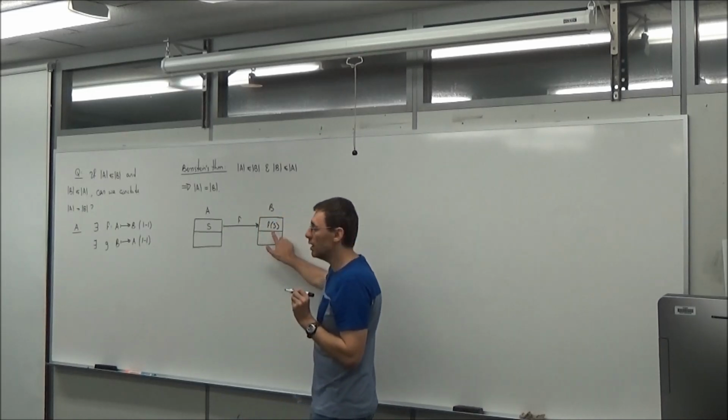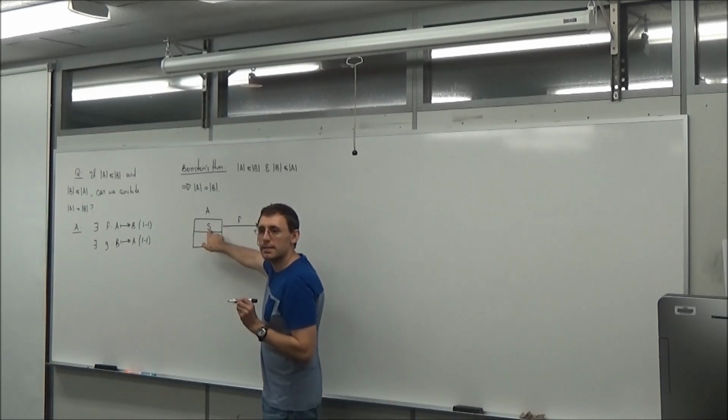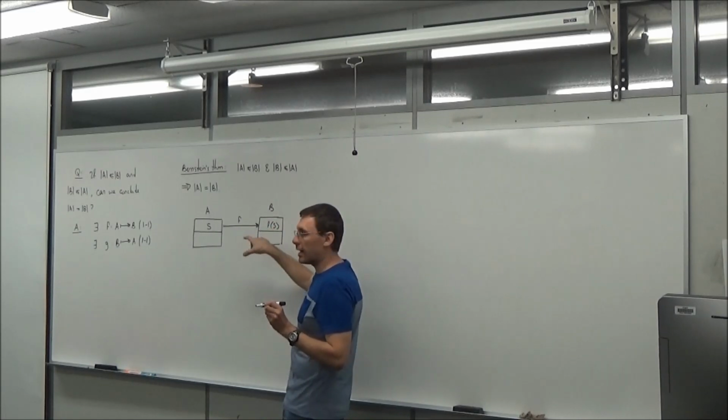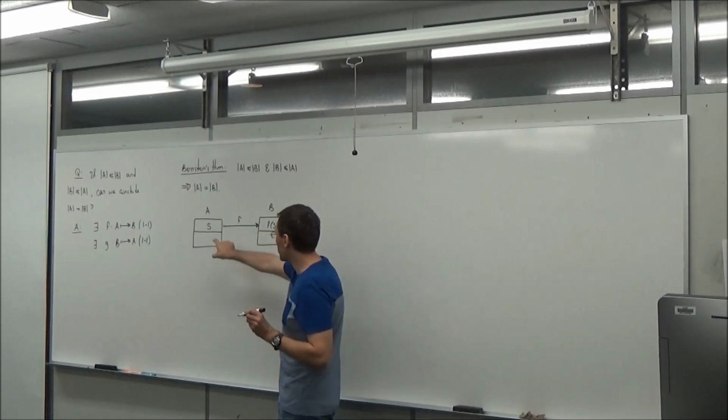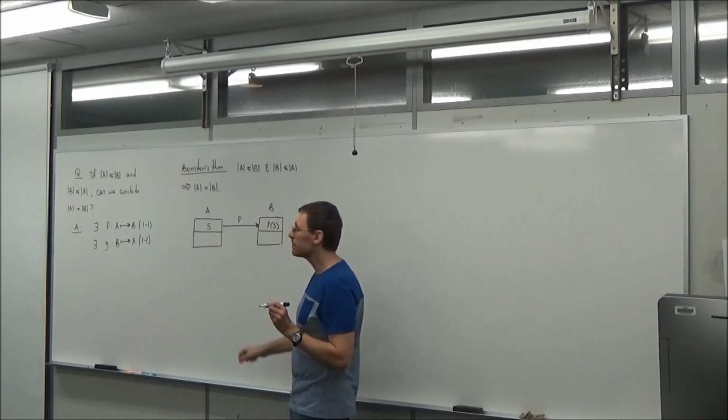Remember this notation? All this means is that every point of S, I apply the function F to it, and the reason it's called image is if you graph it, it looks like a picture. I take every point in S, and I see where it goes.